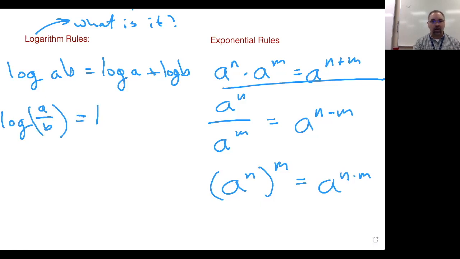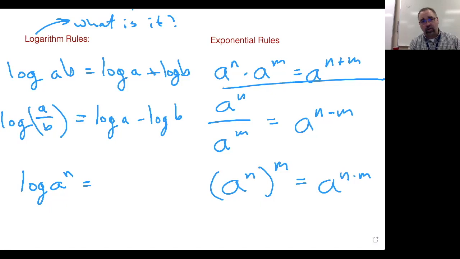Yeah, that's log A minus log B. You got it. Last one's a little bit weirder, I will admit. If I have log of A to the nth power, well, that's a power raised to another power, which is n. So I multiply my powers together: n times log of A.